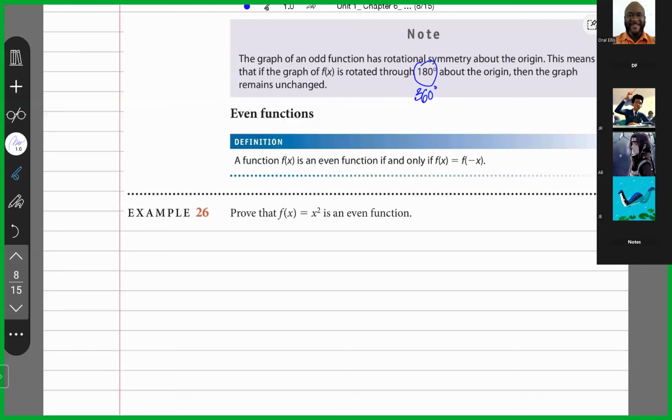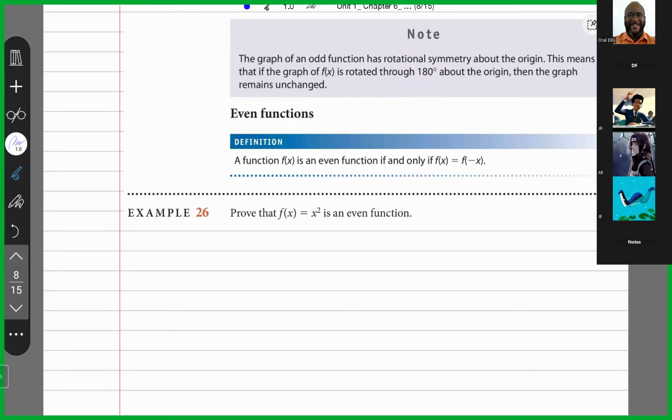All right, so while you guys were looking at example 26, I gave the note some consideration, just to show that yes, it is true. In example 25, we showed that f of x is equal to x cubed is an odd function.